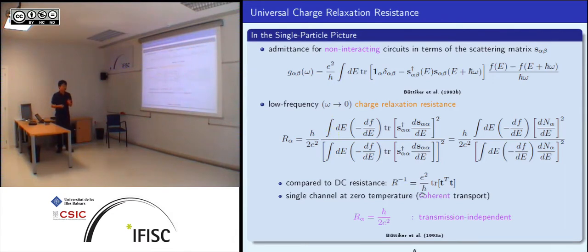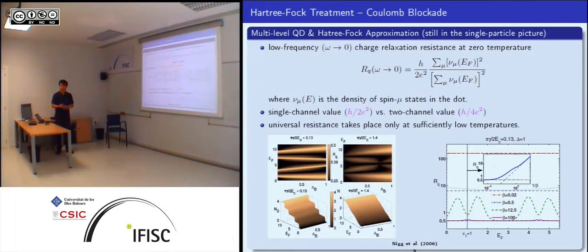Then incoherent phenomena start to work, but this result comes from the assumption of coherent transport. So really at zero frequency we should get this DC value. Here the frequency is not so low, but in my talk I take this low frequency limit, assuming that the whole process is coherent.